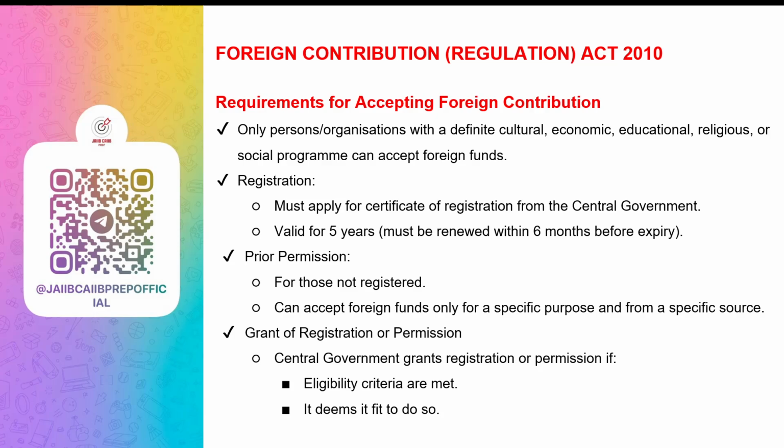They must apply and get a registration certificate from the central government. Or if they are not registered, they can still accept a foreign donation, but only after getting prior permission from the central government. And this permission is only for a specific amount, for a specific donor, and for a specific purpose. This registration is valid for 5 years and it must be renewed within 6 months before expiry. And prior permission is valid only for that specific donation and purpose.